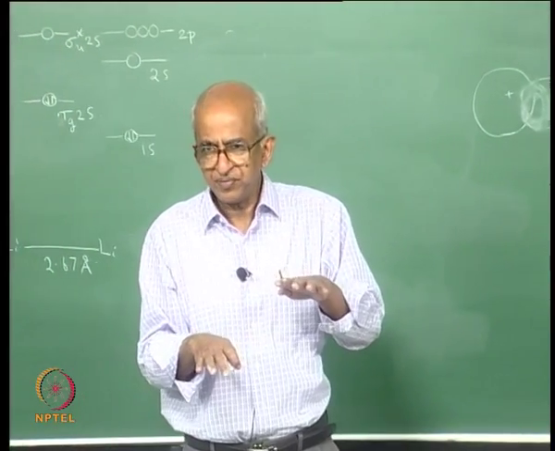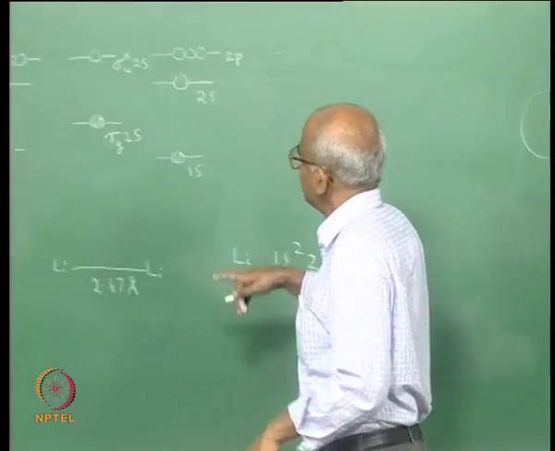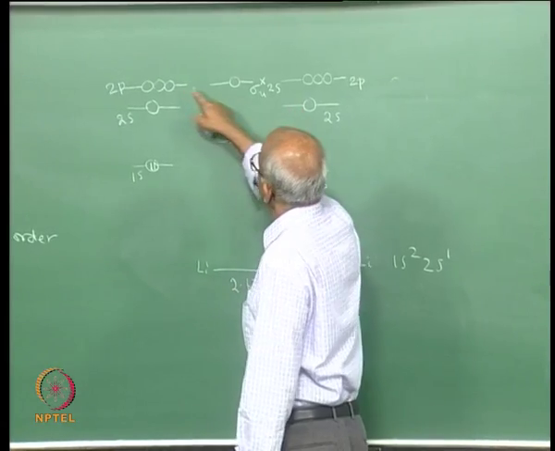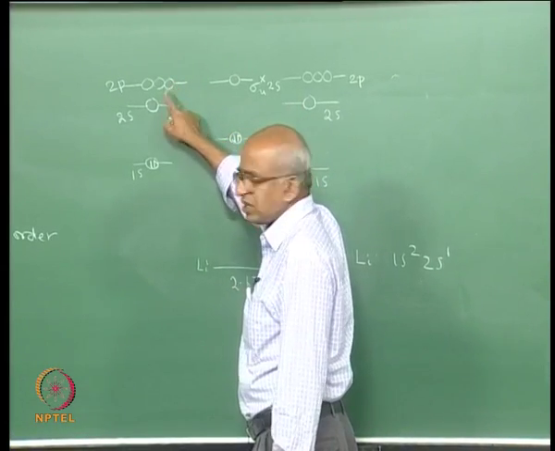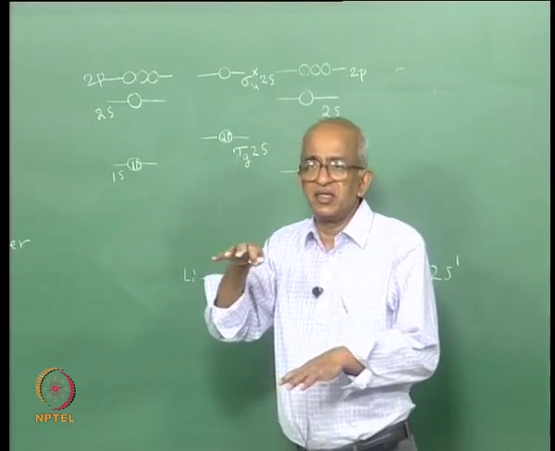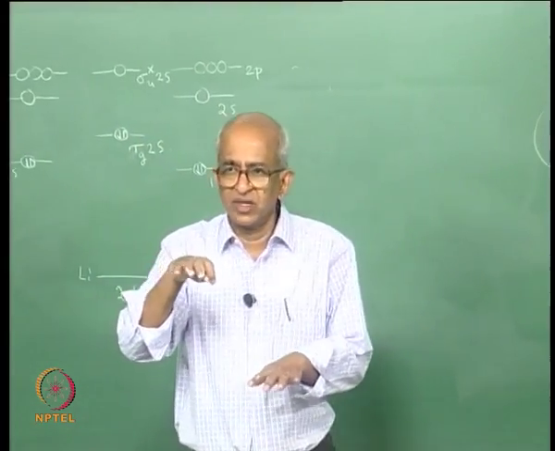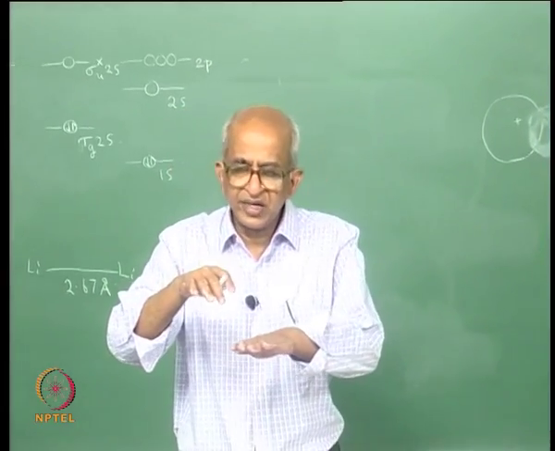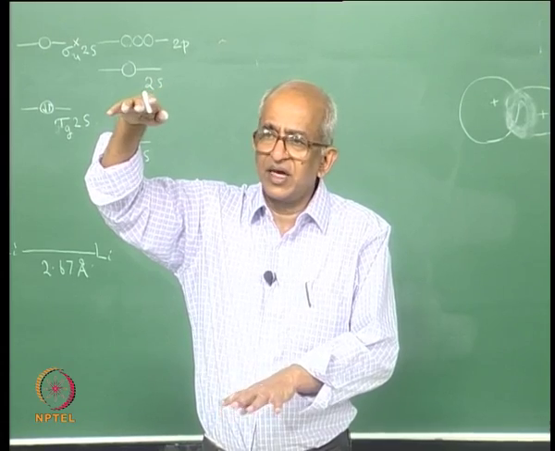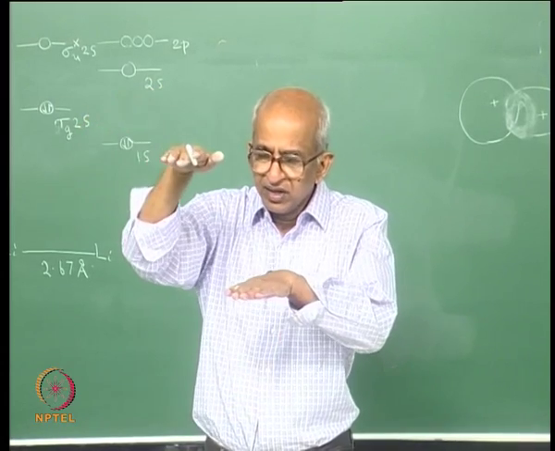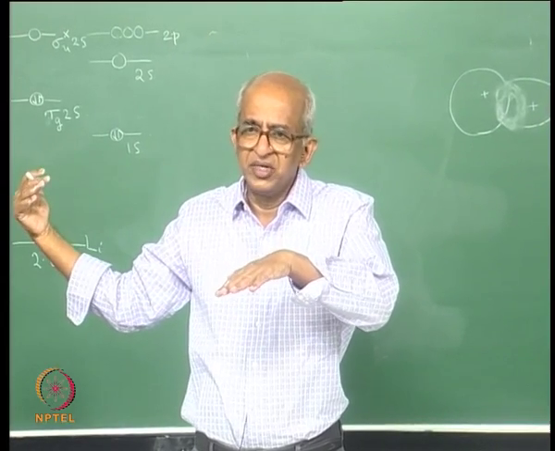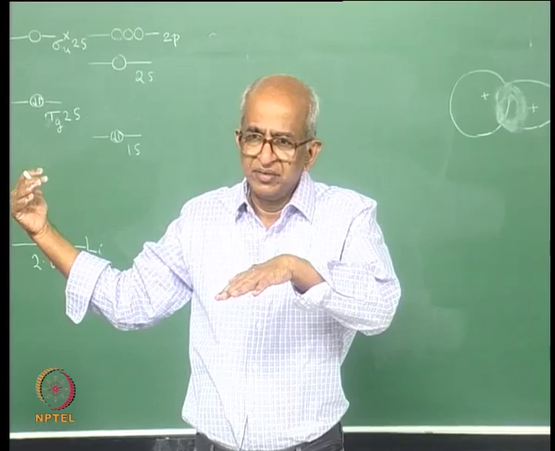But then you should also notice that the 2s and the 2pz do not have the same energy, right, they have different energies. So, suppose that energy separation is large, then this interaction is not very important, while in the case where the energy separation is small, this interaction can be very important.